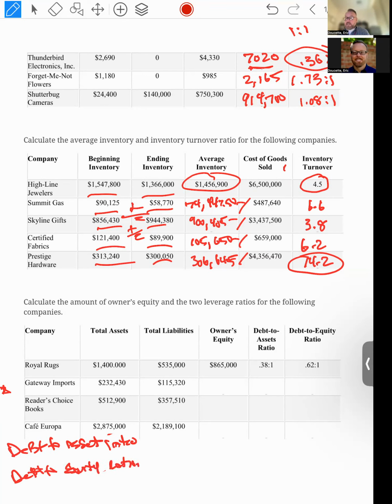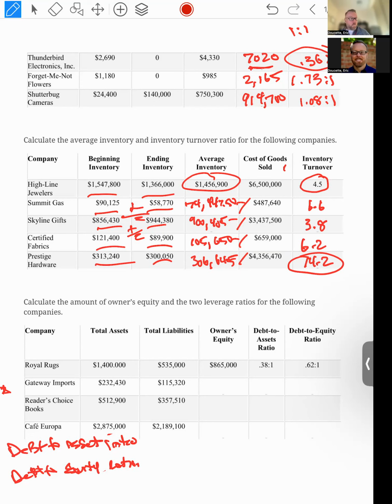Now, the debt to equity is saying, how much debt do the owners owe based off of what they have in the owner's equity. And then your debt to asset ratio, again, shows you what is your percentage of debt to your assets. Your total assets, total liabilities, and owner's equity.